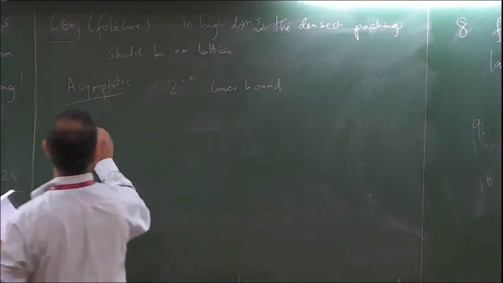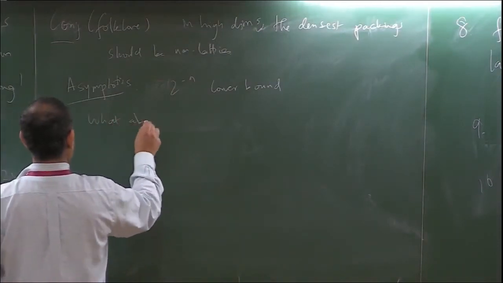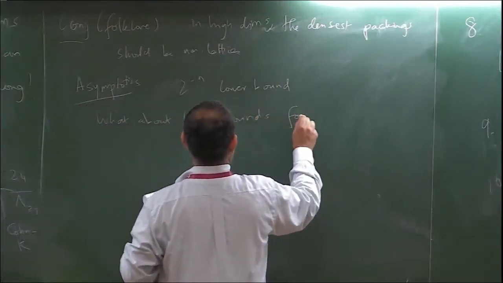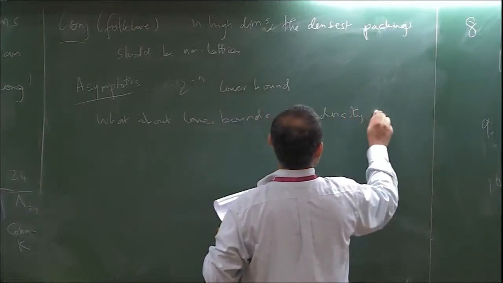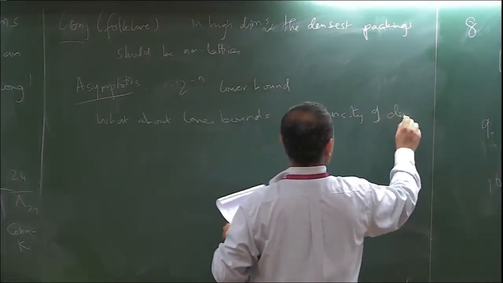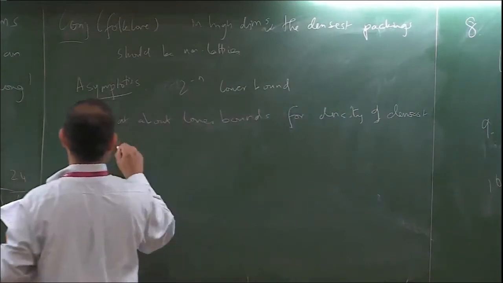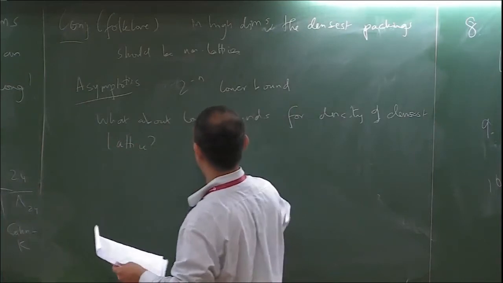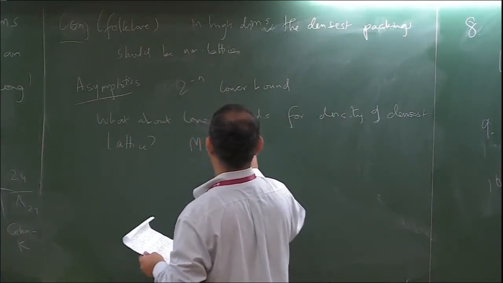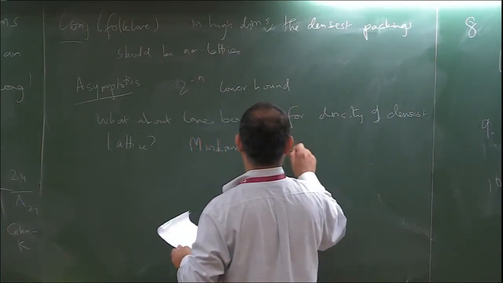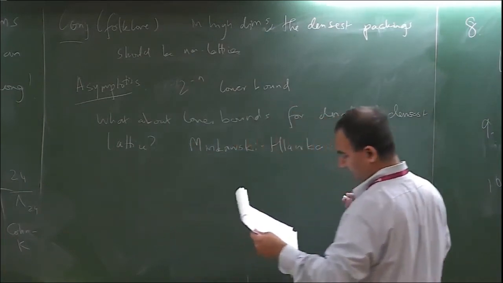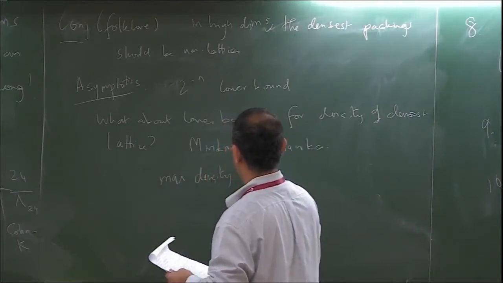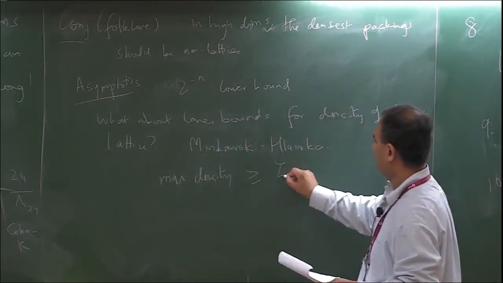Okay. So what about lower bounds for the density of the densest lattice? Let me just mention the result. There's a result of Minkowski, Hlawka. This says that the maximum density of a lattice packing is at least zeta of n over 2 to the n minus 1.